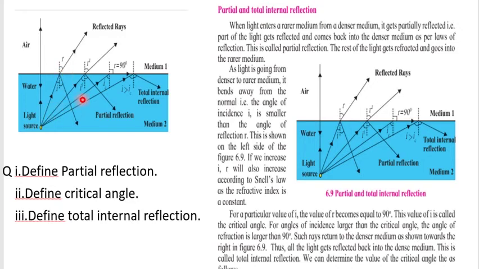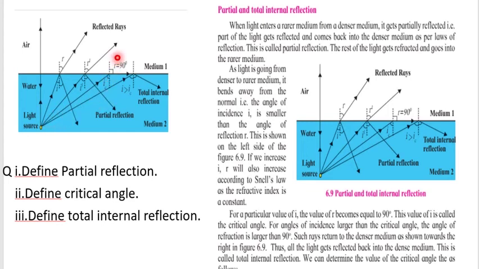If we increase the angle of incidence, the angle of refraction also increases as the refractive index is constant. So, for the particular value of the angle of incidence, the angle of refraction becomes 90, and this value of the angle of incidence is called the critical angle.